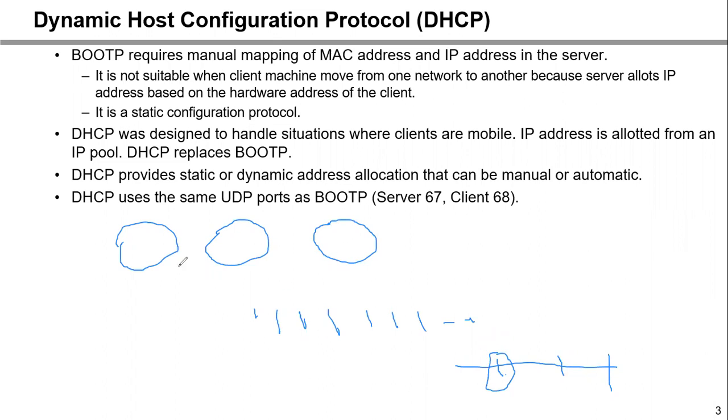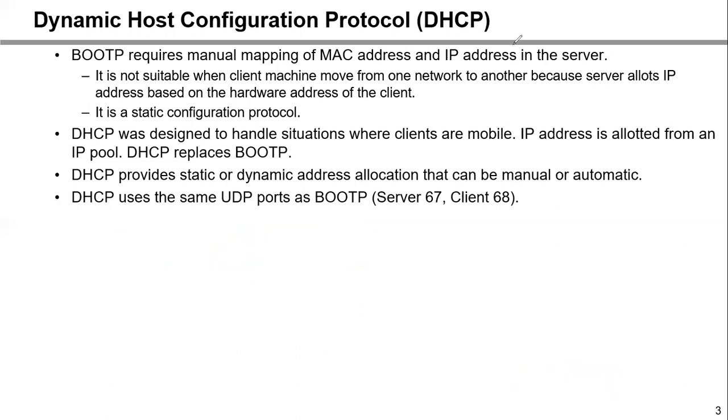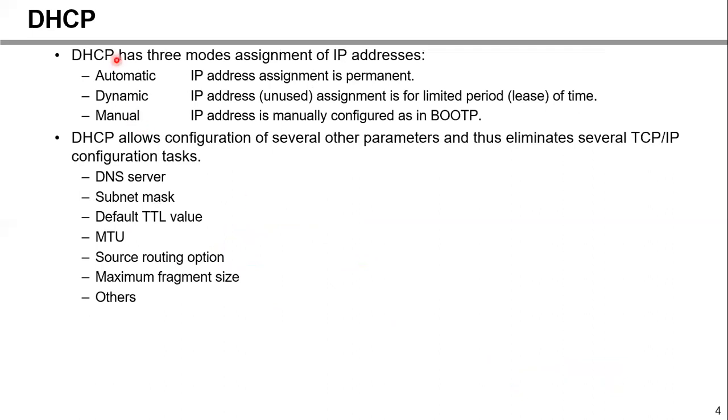So there are 3 cases where IP address assignment is done by DHCP. Just a minute, let me clear. Okay, right. So DHCP assigns these IP addresses in 3 ways.